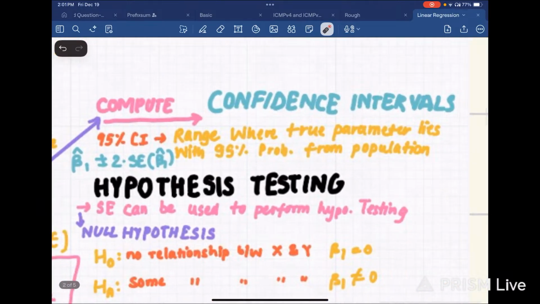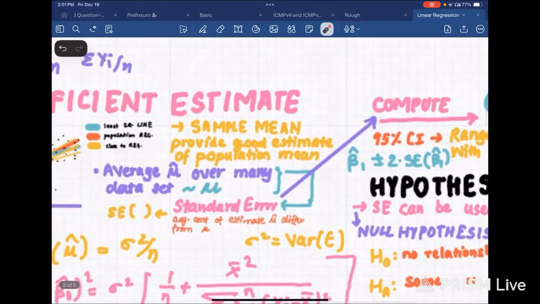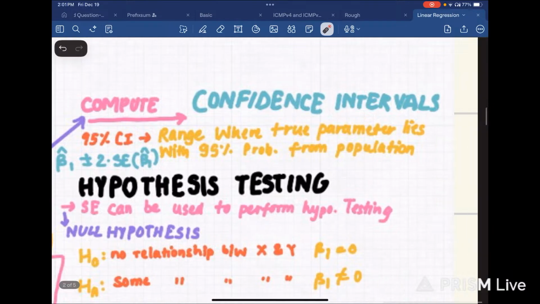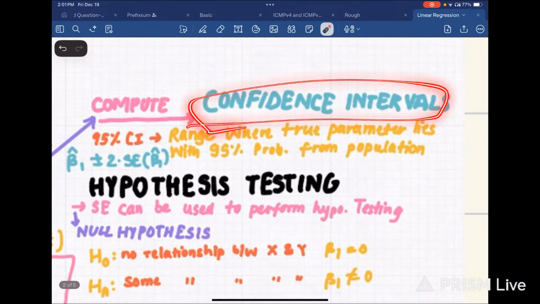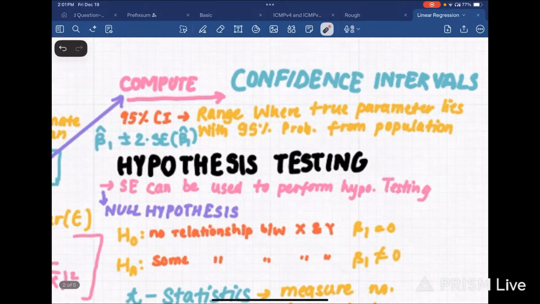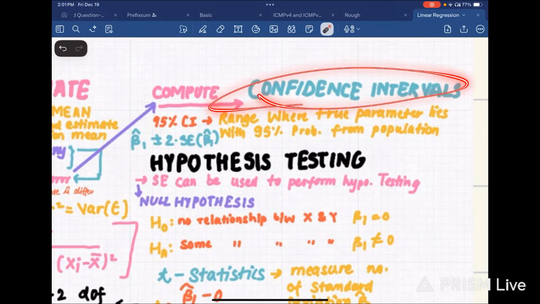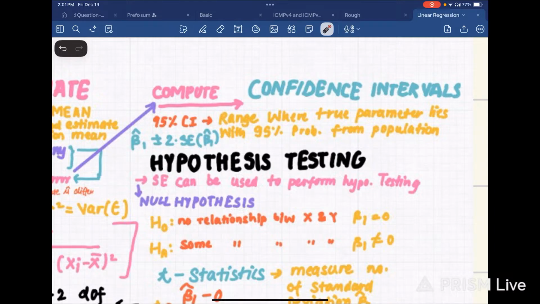So how can we compute this standard error? We can compute it using a confidence interval here. We should know what a confidence interval is in statistics. A 95% confidence interval means the range where the true population parameter lies with 95% probability.